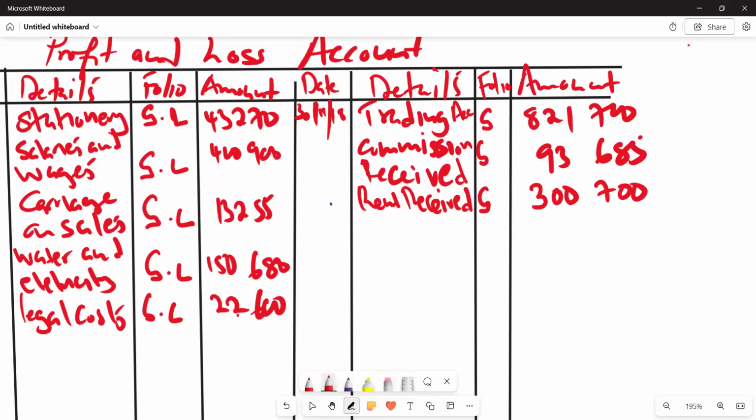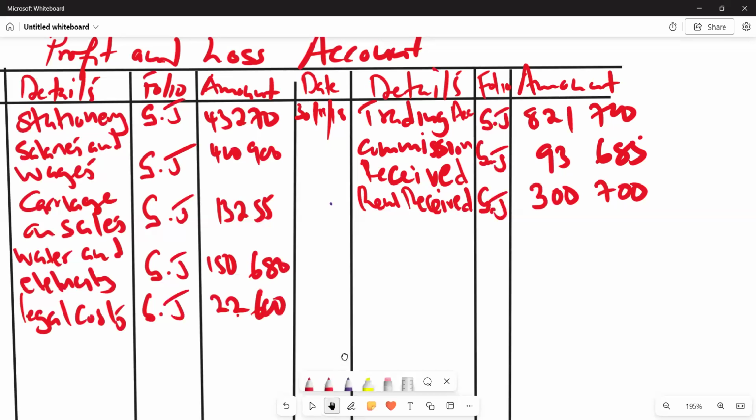We have put our J there, which is also going to apply on the debit side. So this is what we have. So we can now balance our account.